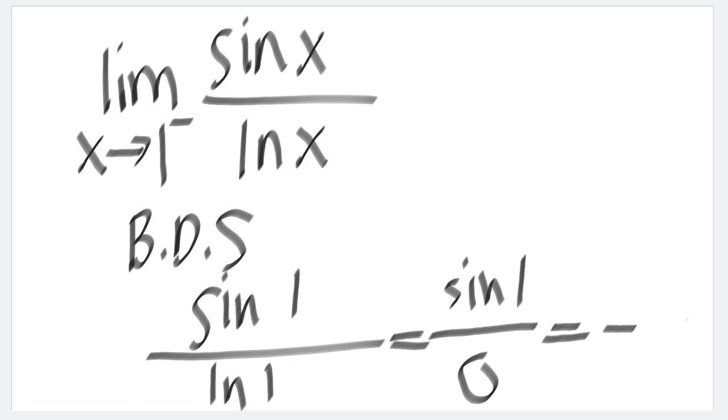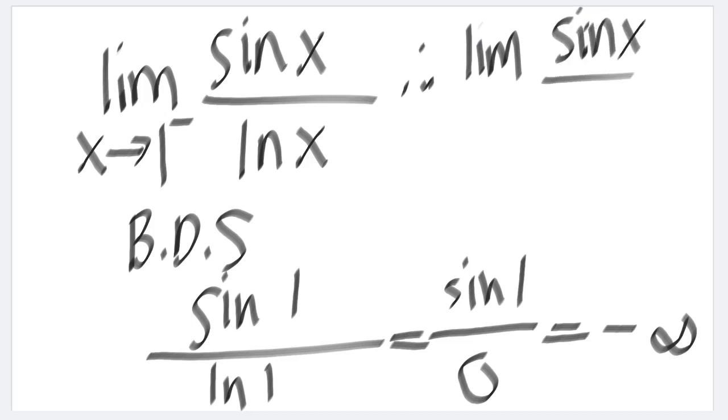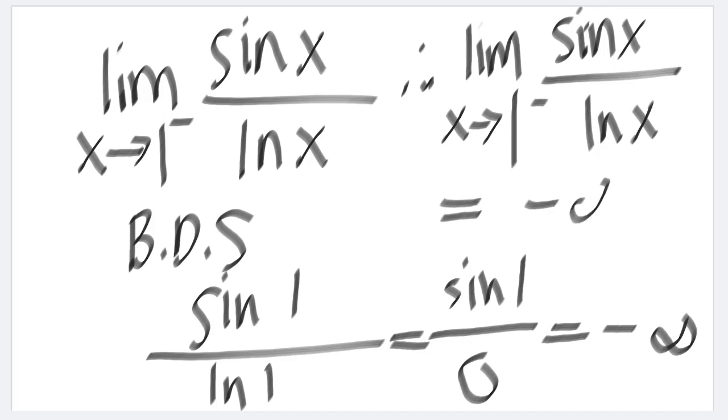So that is an infinity, or a relatively large number. But it is a negative infinity. Why? Because we are approaching from the negative side of 1. So therefore the limit of sine x over ln of x, or the natural logarithm of x, as x approaches 1 minus, is equal to negative infinity.